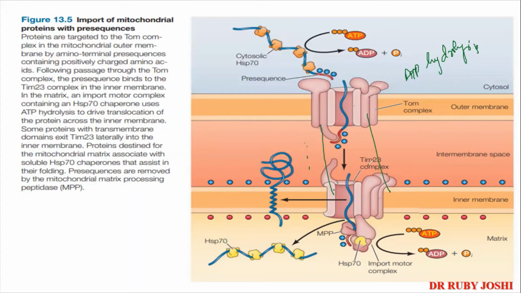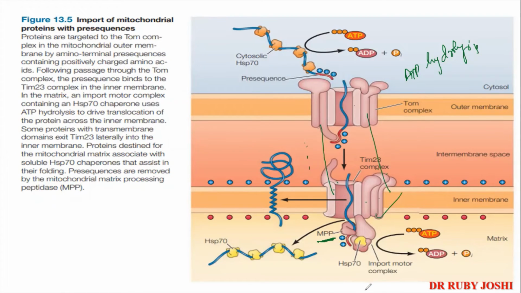So from TOM to the TIM23 complex it enters. In the ER we had signal peptidase; in the mitochondria we have the mitochondrial matrix processing peptidase enzyme. It will remove all these pre-sequences. ATP hydrolysis is needed again to open this, correct?